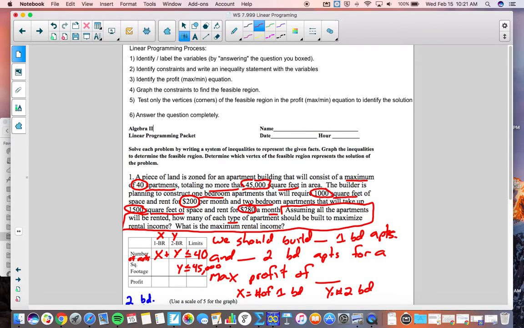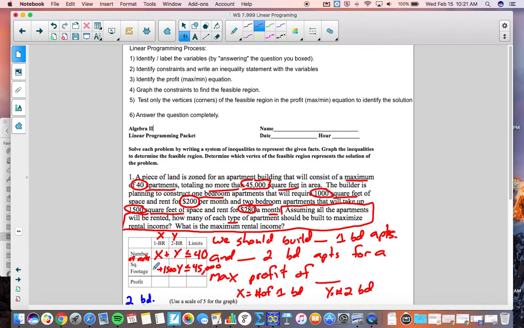So every 2-bedroom apartment, I have to multiply by 1,500 square feet. And if I do 40 of those, that would be 60,000 square feet. So that would put me over it. So I can't do all 40 as 2-bedroom apartments, I have to probably put some 1-bedroom apartments in there.